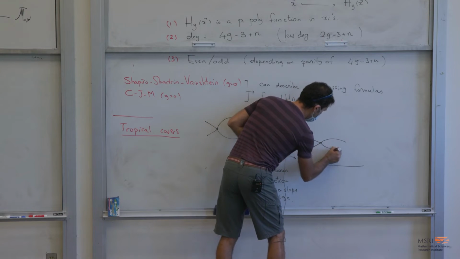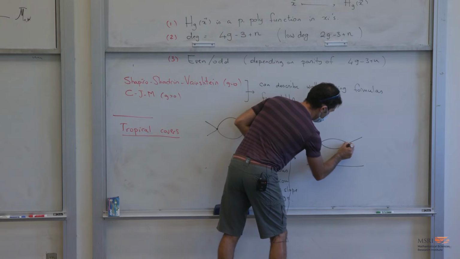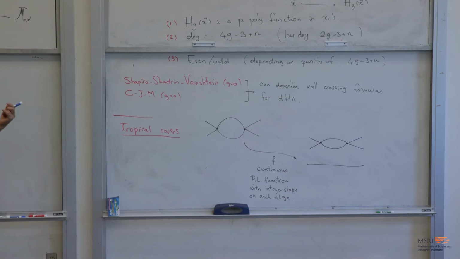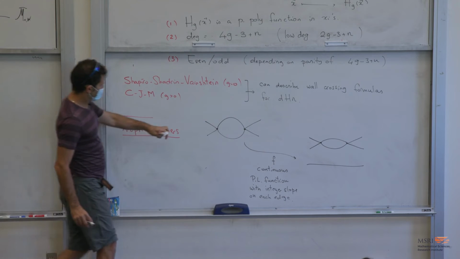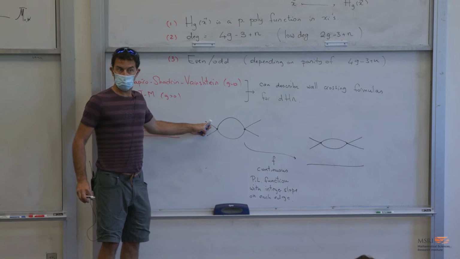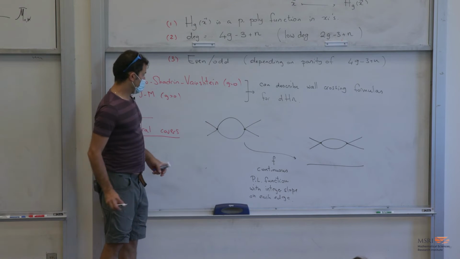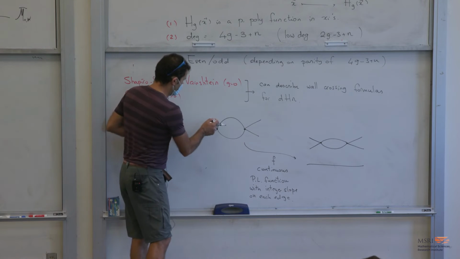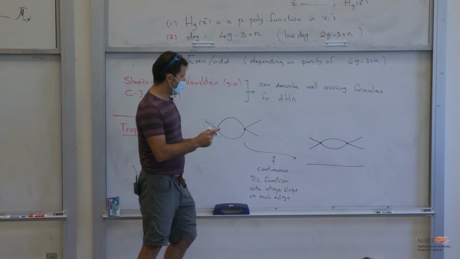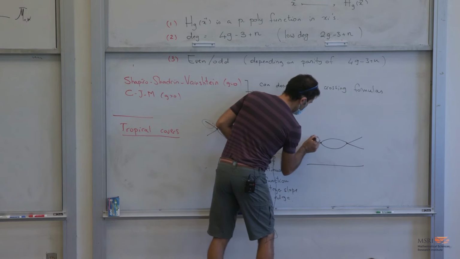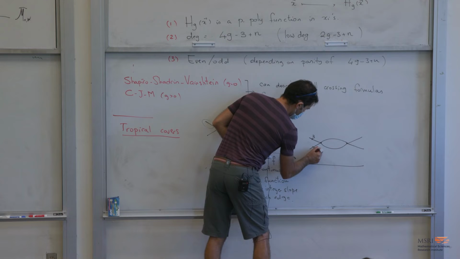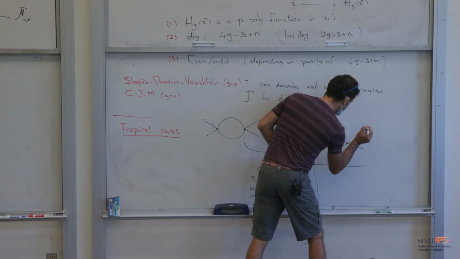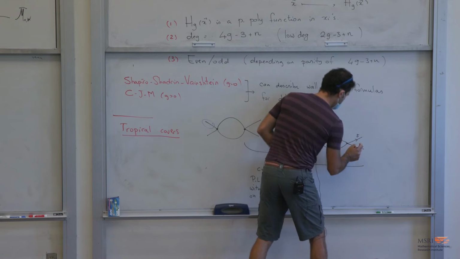your curve over the image and decorate this picture with some discrete data that keeps track of the slopes of f, right? So for example, if I restrict my f on this top edge, it might have slope 3, so I'm going to put a 3 here, right? And maybe I'm going to put a 2 here, and then maybe I'm going to come up with a 5 and a 1 here.